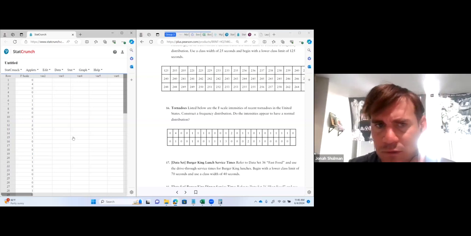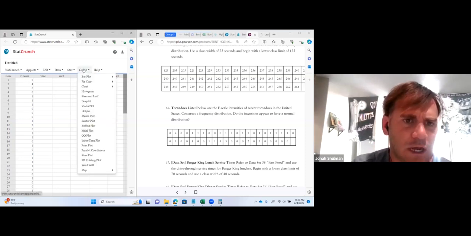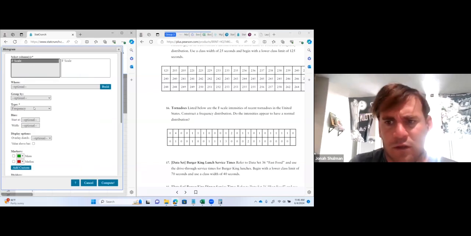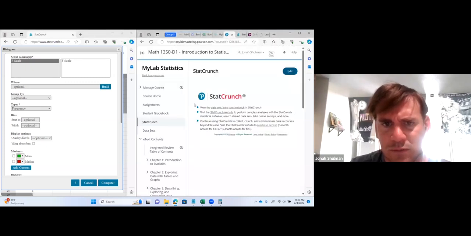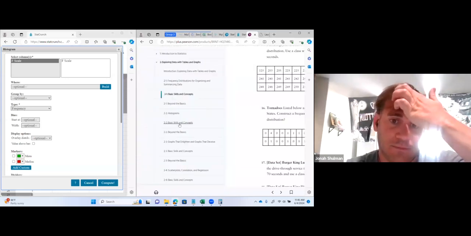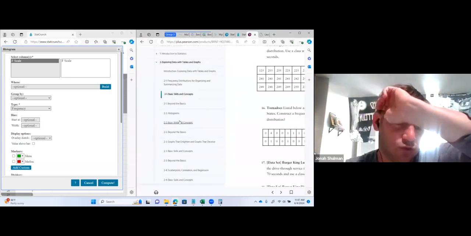We got everything. So basically all we have to do is make one of these. I'm going to go to graph, histogram, F scale. Do they have stuff for the bins? I'm going to look back at the question just to make sure.